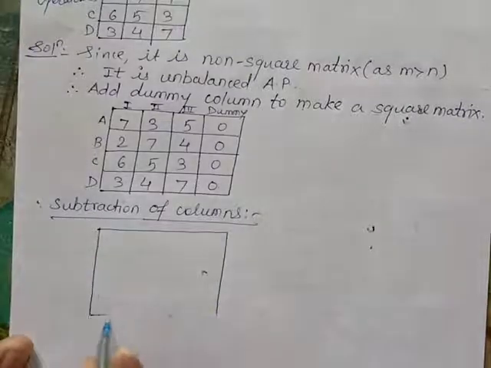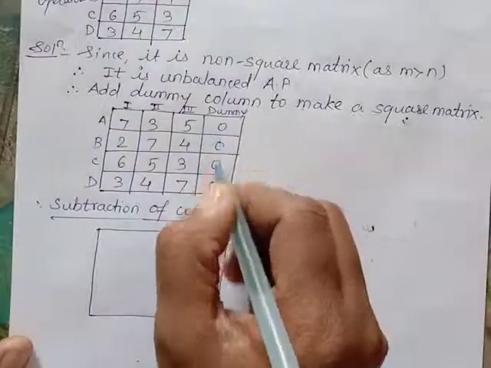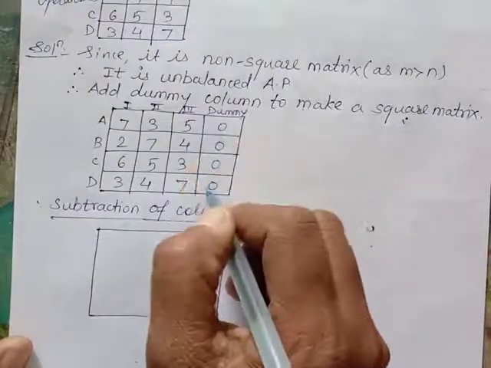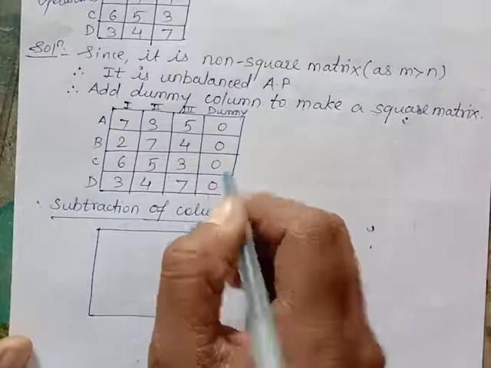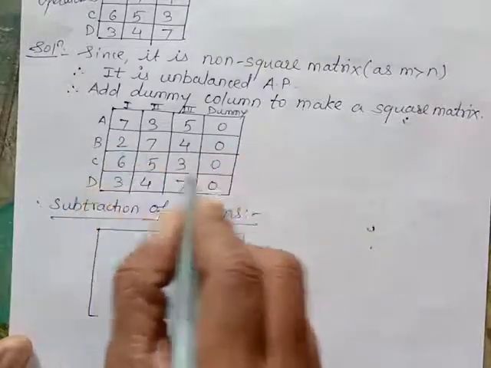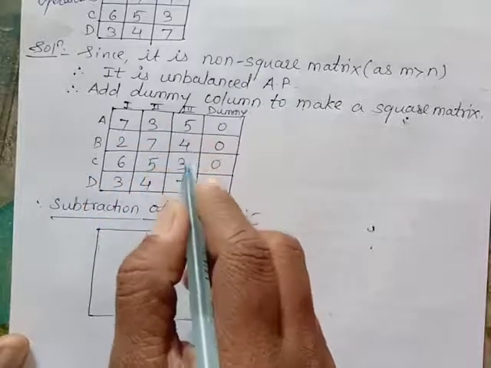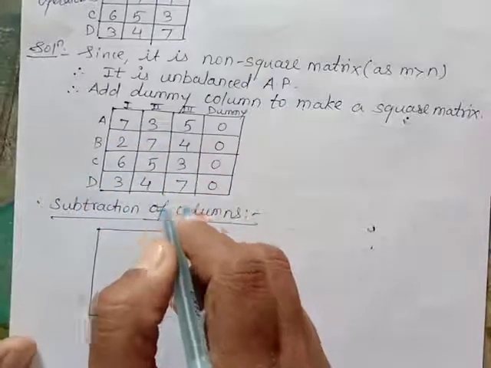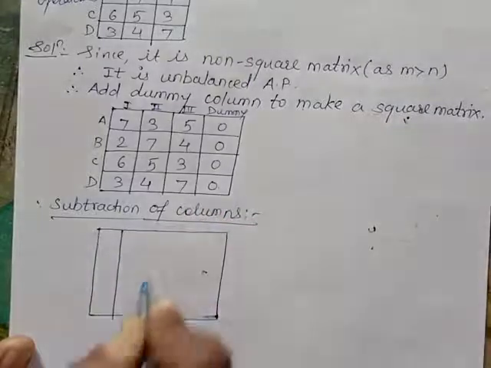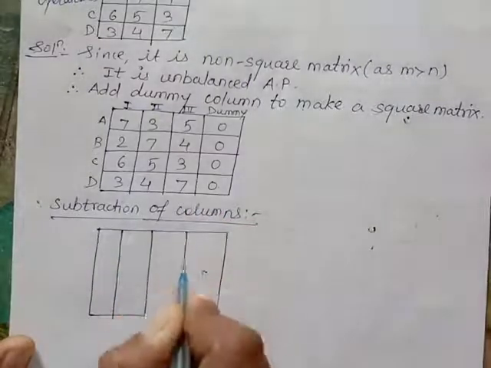Now why do we do subtraction for columns here? In one column we have cost 0, so each row has a 0 here. So simply we want a 0 in each column here. That's why we will do subtraction for columns here.